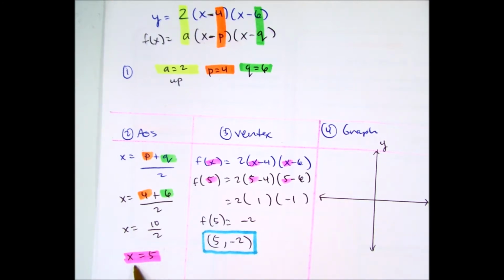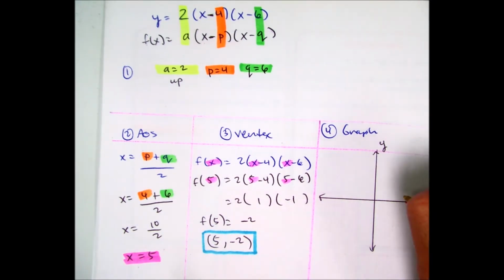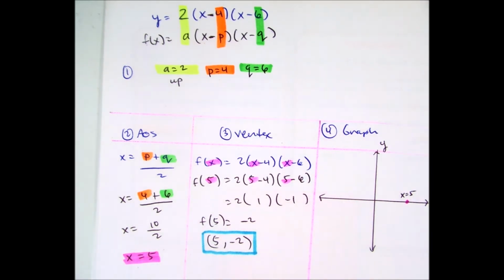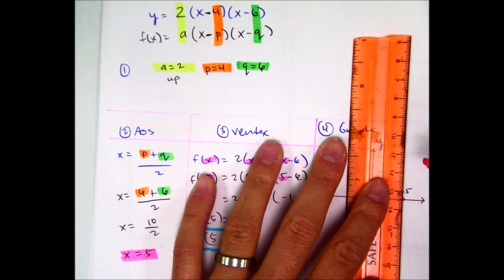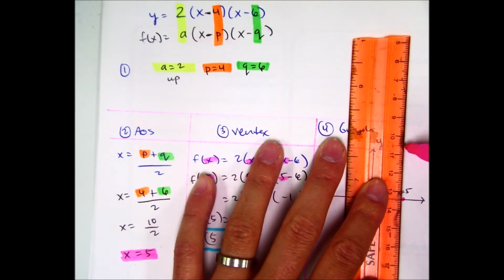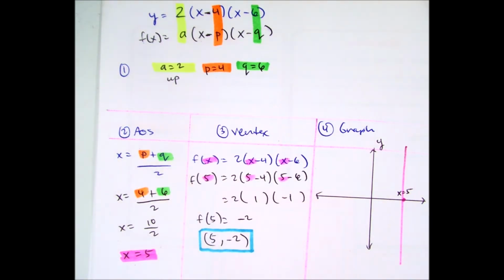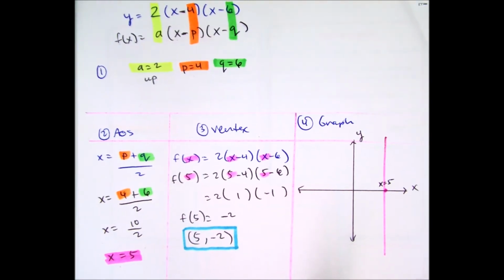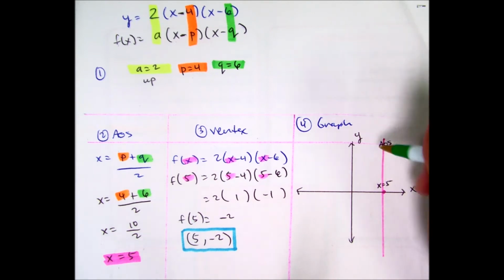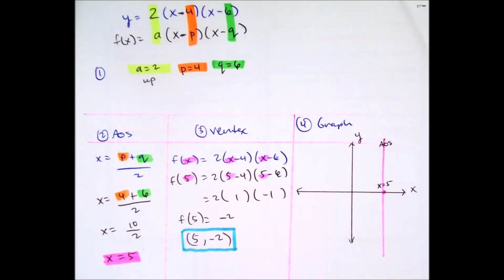So I have an x value of 5. Let's graph that. It's positive 5 right here. x equals 5. This is your axis of symmetry. Write that if you like. AOS, to remind you, that's the axis of symmetry.